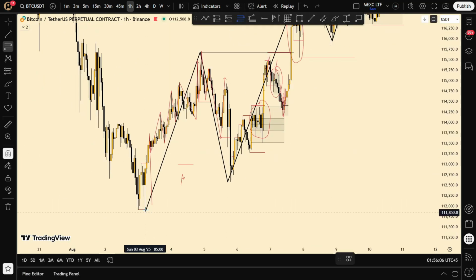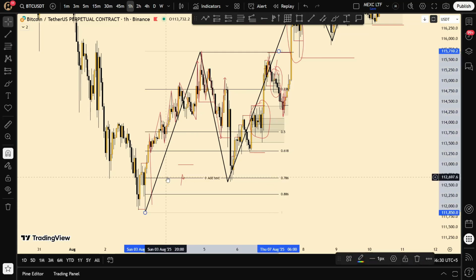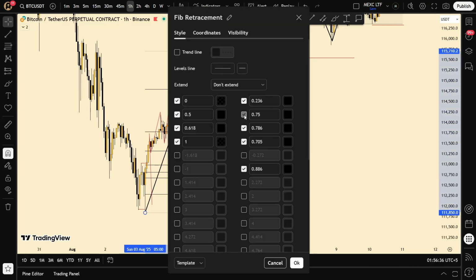Apply your Fibonacci retracement 786, 886. Now, most of the time on the lower time frames, you will see that the 618 also plays a key role. And on the lower time frames, it's not necessary for us to visit the 786, the 886 region or anything. The most optimal points of retracement are actually 705, the 75, the 786, and the 618.